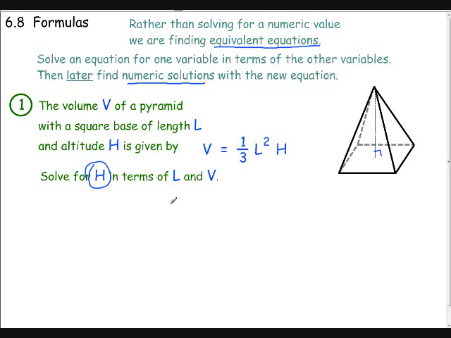Well, I think the first thing I would do, I'd multiply both sides by 3. That would get rid of that ugly looking 1/3. Then, remember, I'm trying to get h all by itself. I better divide by... Oh, you caught me already, didn't you?